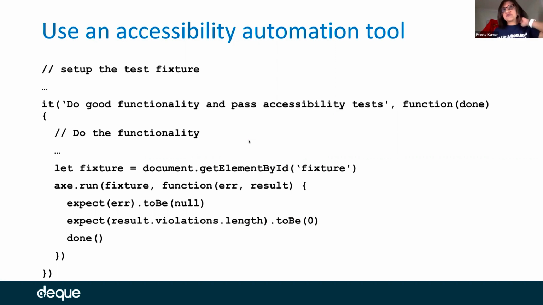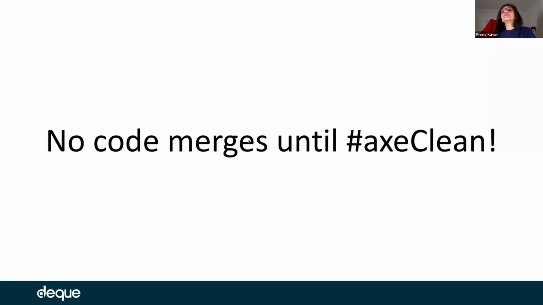You can set up a test fixture, and if everything runs well, if the result violations length is 0, you can actually be done. That's the place that you want to get to. But there's not much you have to do. Actually put 1, 2, 3, 4, 5 lines of code to have the API test everything every single time you check or commit your code.